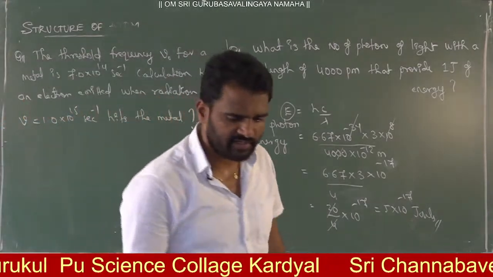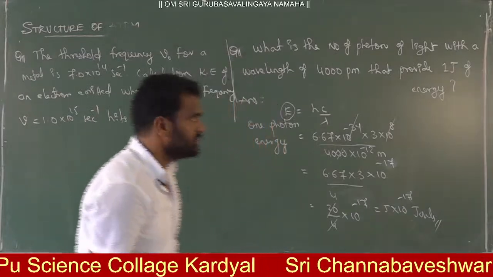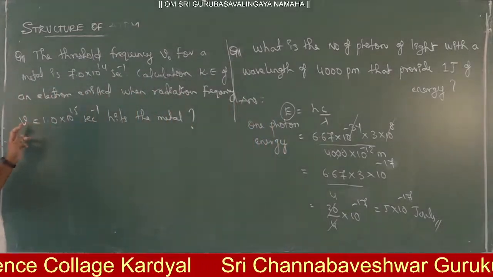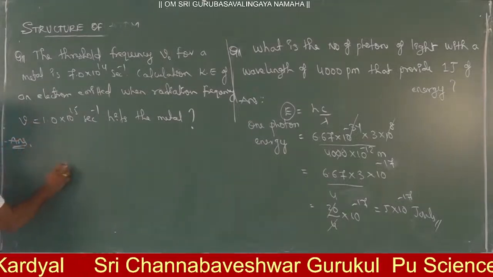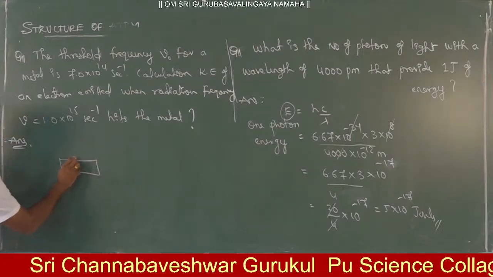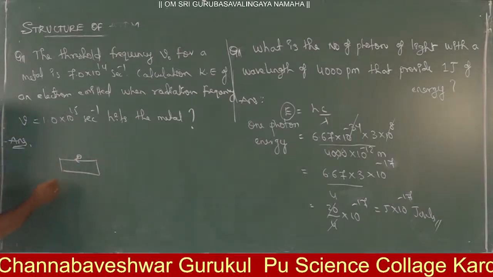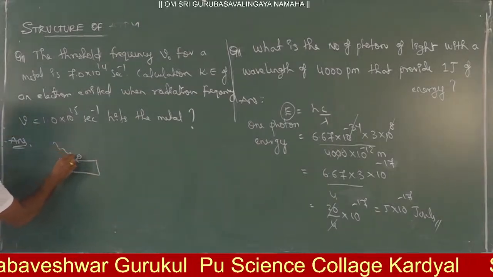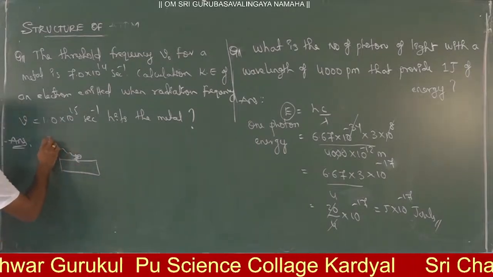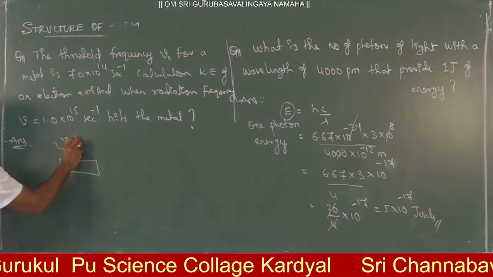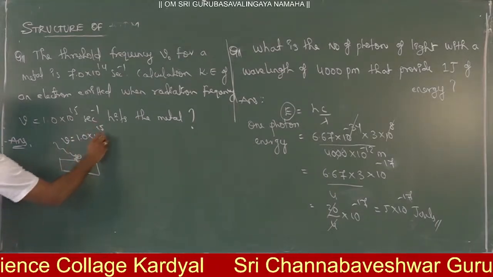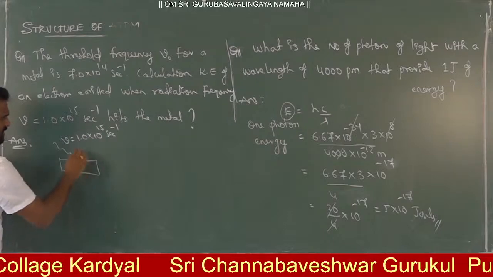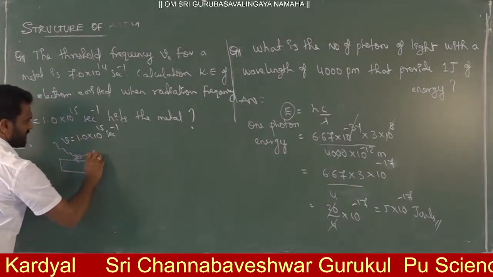In the photoelectric effect you have to calculate this. Here there is a radiation and its frequency is given. On the metal surface we have a valence electron. Now we are passing radiation of frequency 1.0 into 10 power 15 second inverse, and then there will be ejection of an electron.